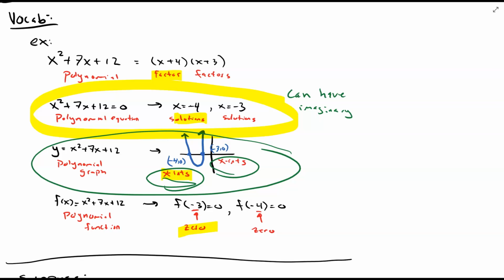Notice here, if I look at the factors, I have x plus 4. I have the solution x equals -4. I have the x-intercept -4, 0. And I have the 0 for the function as -4.